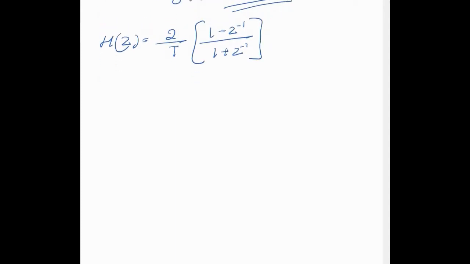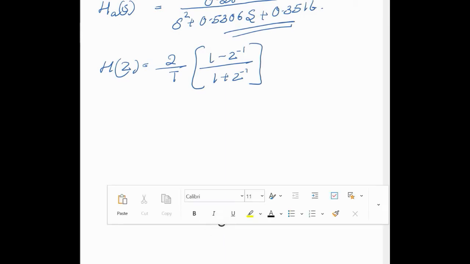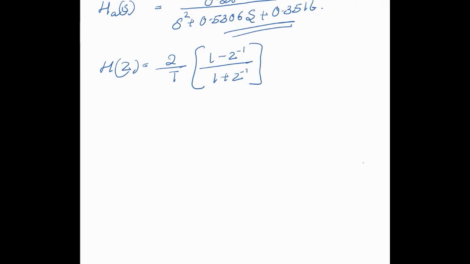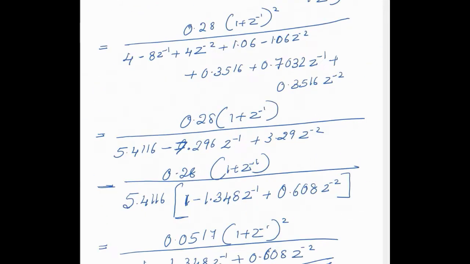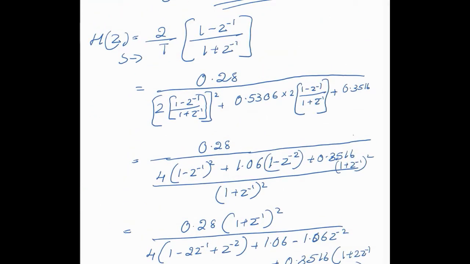As in the previous section where we dealt with the Butterworth filter, the same thing, you have to substitute T is equal to 1, where s tends to 2 by T. In the bilinear transformation, you substitute 2 by T, with T equal to 1 second, times 1 minus z inverse divided by 1 plus z inverse, the whole square. So this you have to substitute in the above equation.